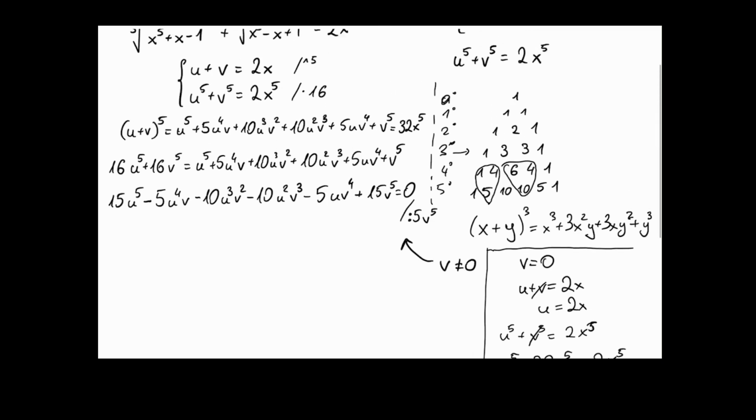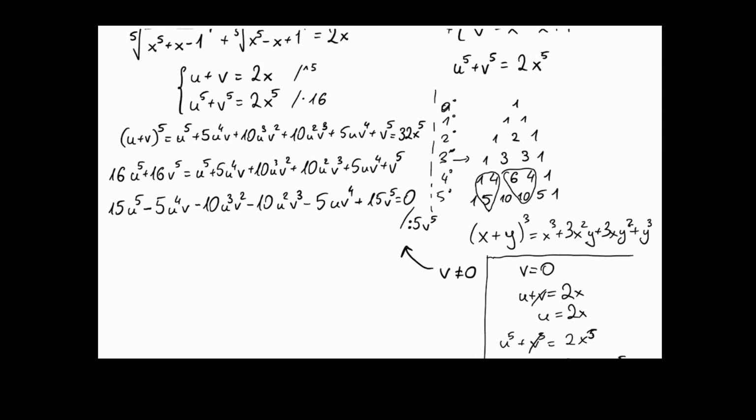Okay. Let's focus on solving this equation. We will get 3 u over v to the 5th power minus u over v to the 4th power minus 2 u over v to the 3rd power minus 2 u over v squared minus u over v plus 3 equals 0.